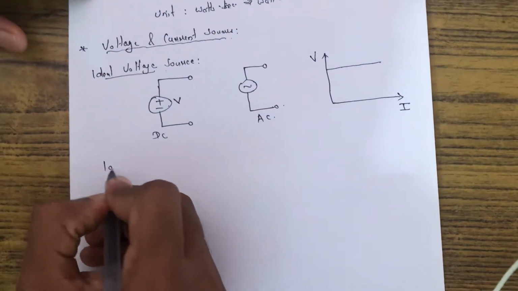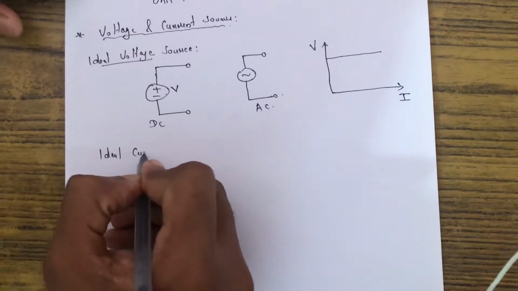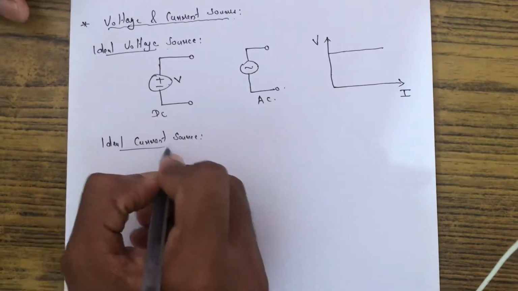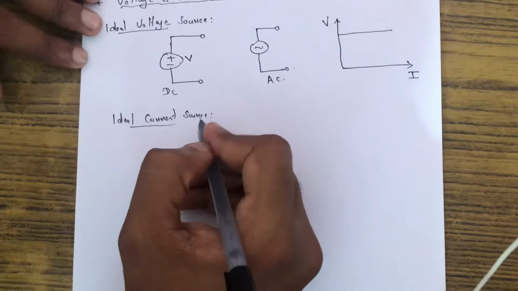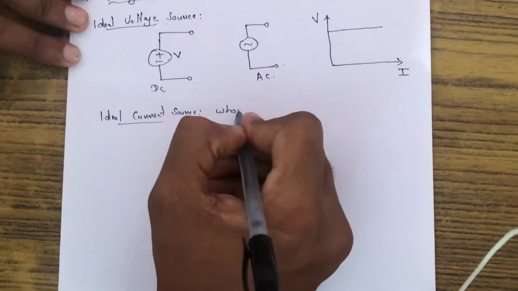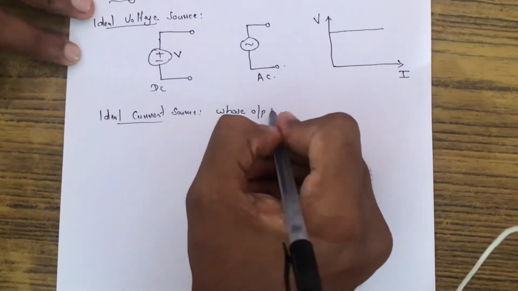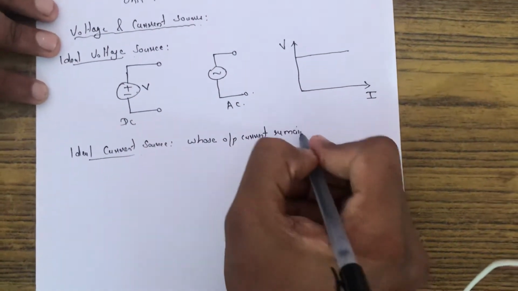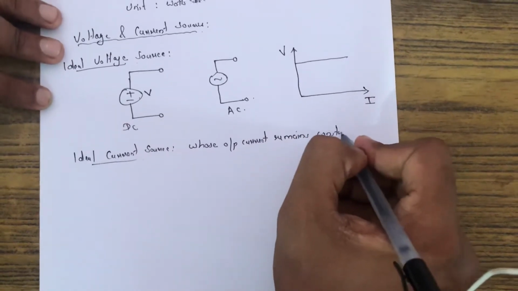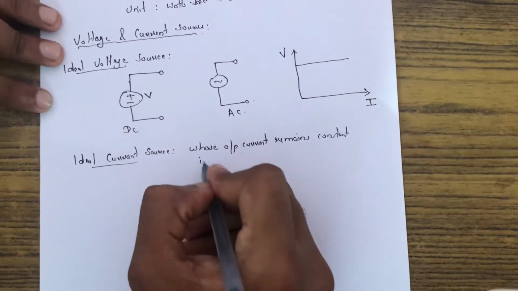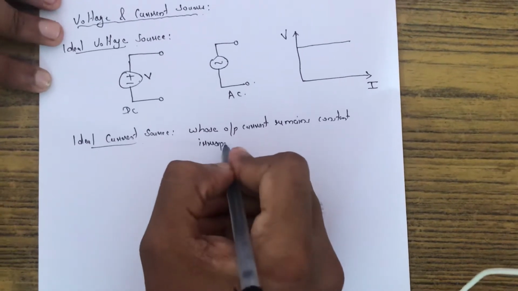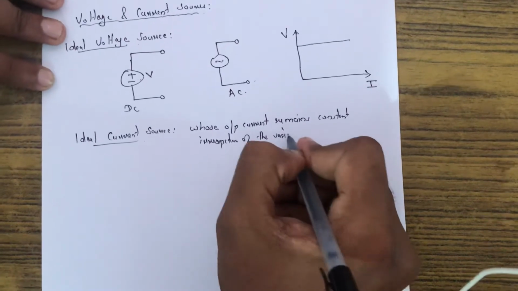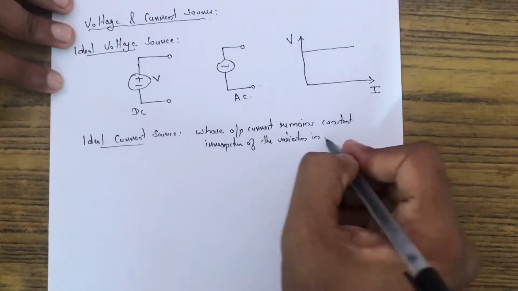Next, let us see about an ideal current source. It is an energy source whose output current remains constant irrespective of the variation in load.